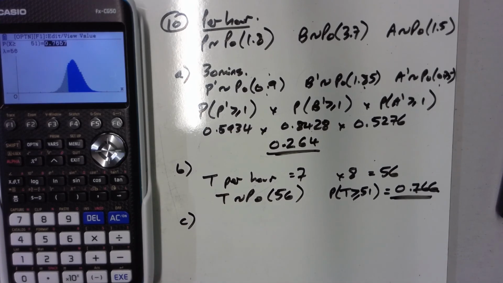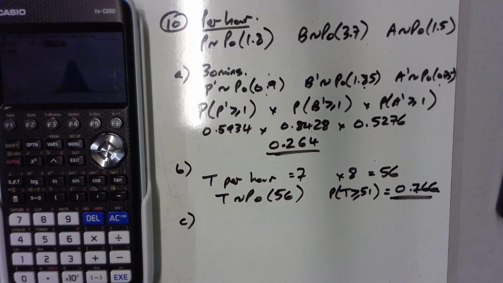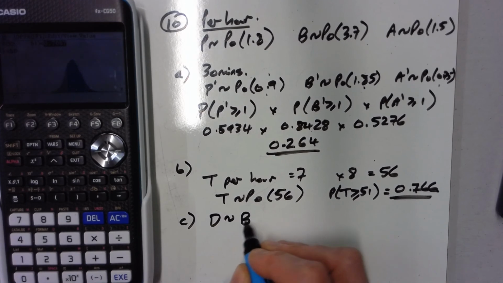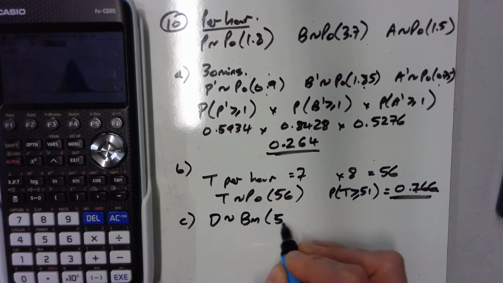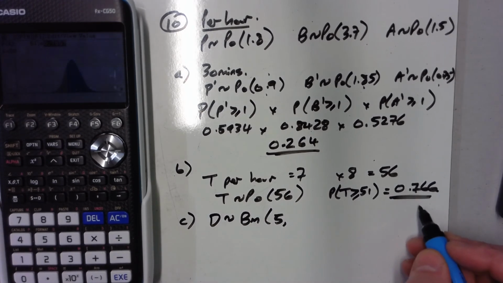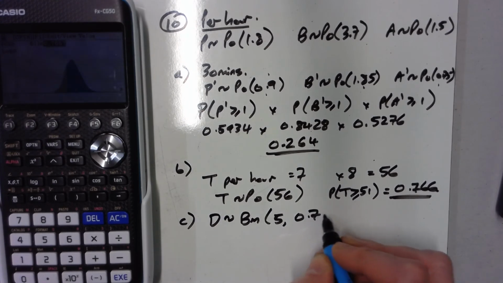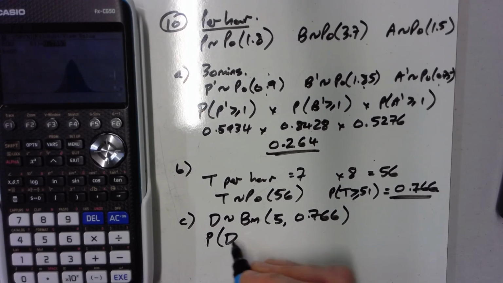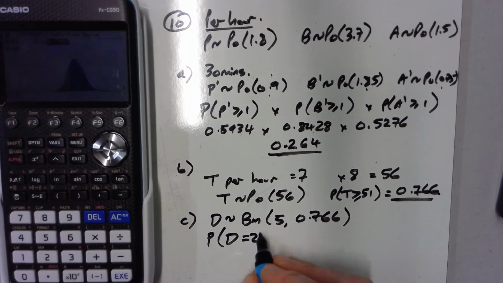And part C, find the probability that she receives more than 50 emails on exactly 2 days out of a 5-day working week. Hey, we've switched to a binomial. So the number of days is a binomial. There's 5 days in a working week. The chance of getting more than 50 was the value we just had there. And we want the number of days that happens to be exactly 2.